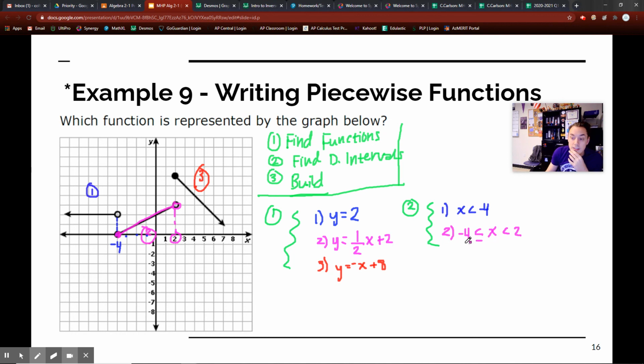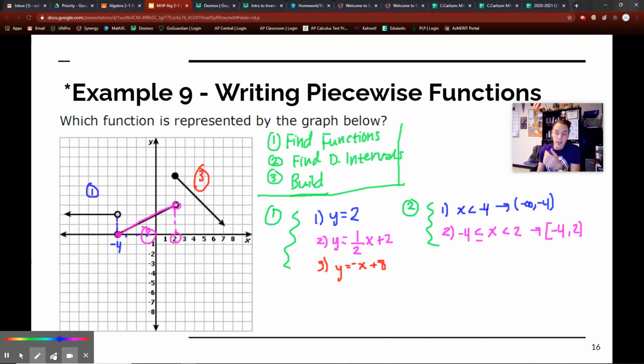No, it's not. Okay? If we wanted to put this in domain interval notation, it would be negative 4, comma 2. And then also, just for kicks and giggles, if we wanted to put this in interval notation, this would be negative infinity to negative 4. But really, piecewise functions just include the inequality. The inequality here. They only include the inequality.